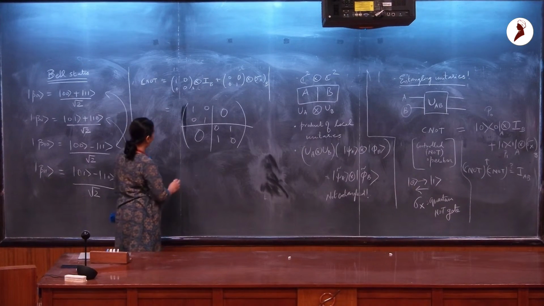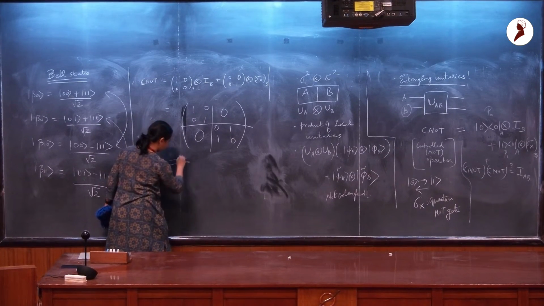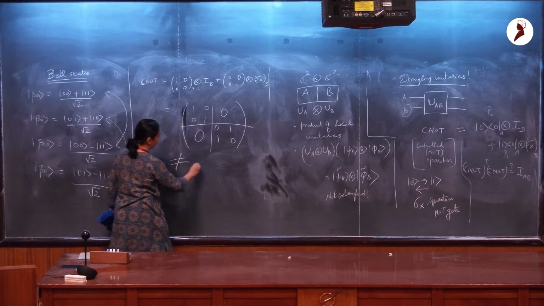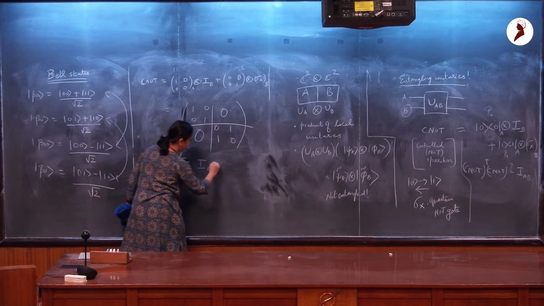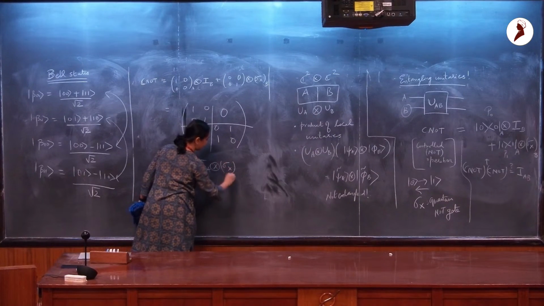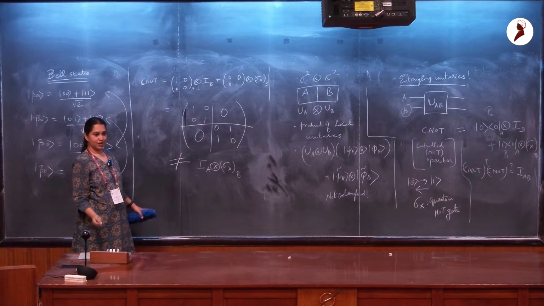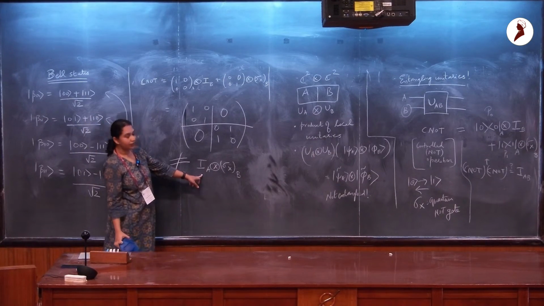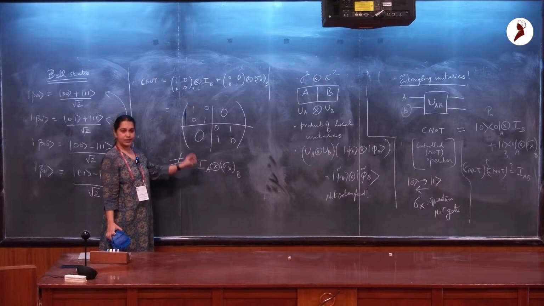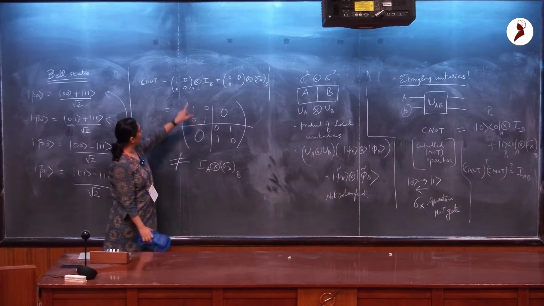Note that this is not the same as doing identity in A and sigma x in B. What did I do? I broke down the identity operator as a projection on 0 and a projection on 1, right? That's what this is.